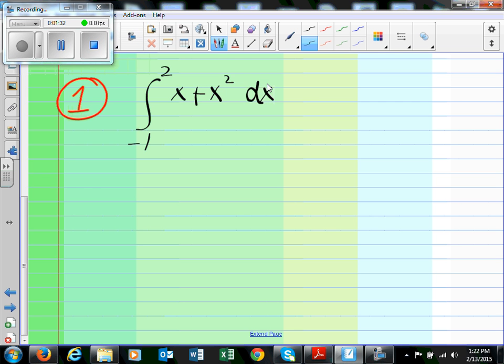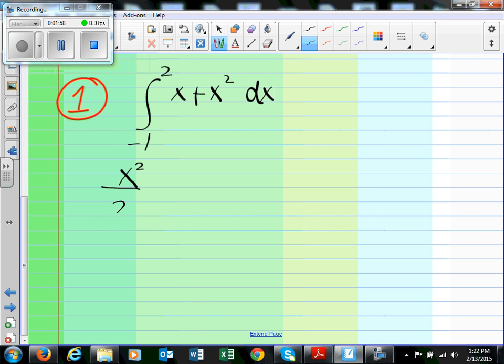Once you find, step 1 is to find the antiderivative. Step 2 is to substitute the upper limit and then the lower limit. So you need to find the antiderivative of each of them. The antiderivative of x would be x squared over 2.